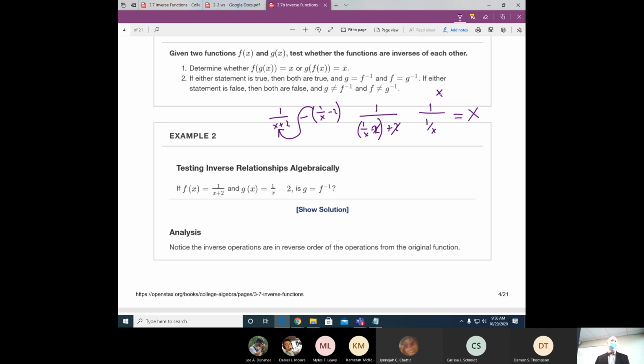So let's add that here. X is never equal to negative 2. Even though 1 over x should always be good, well, except where x is 0, that will be 0 when x is negative 2. So x can't be negative 2. But I do see that for all other x's, I do get x back.